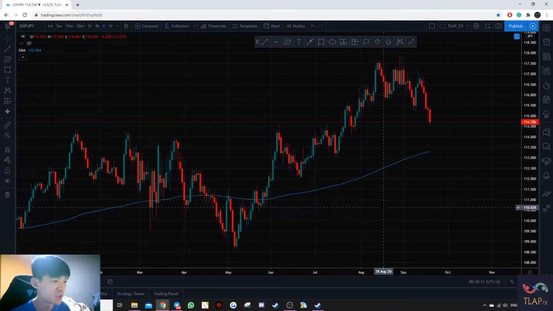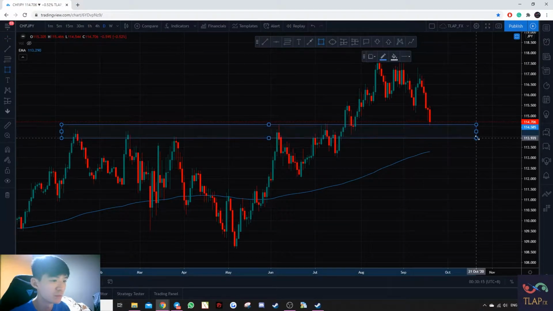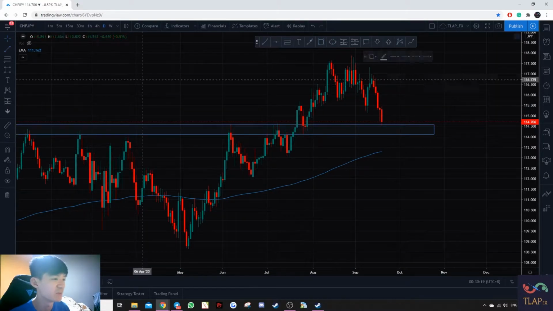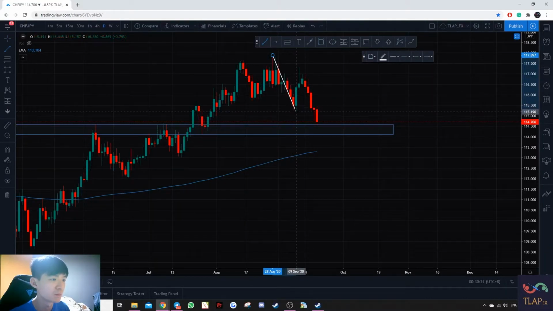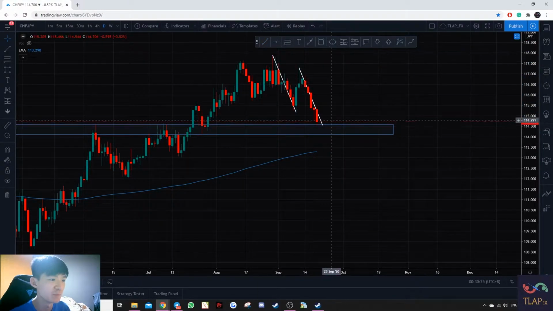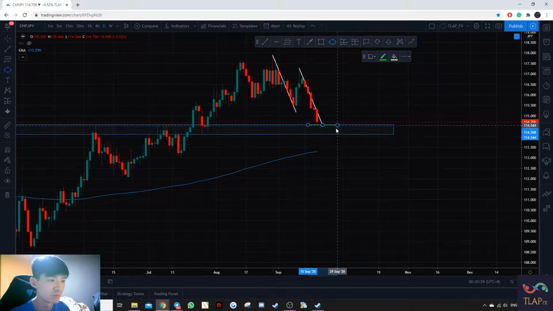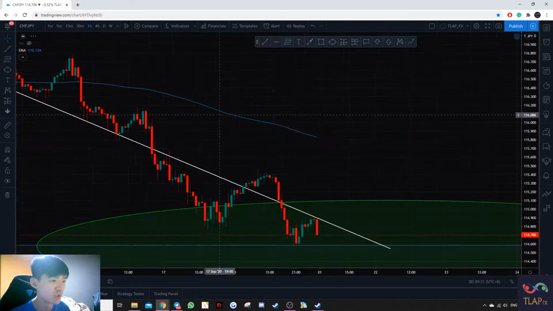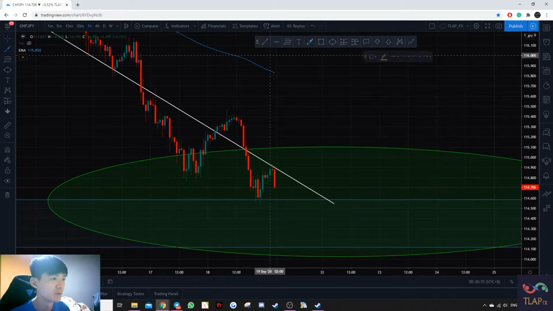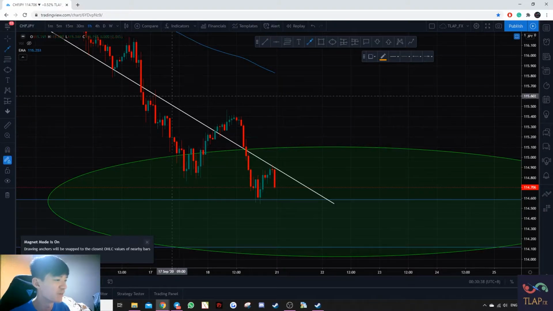Next, we have CHFJPY. Clearly, we have a structure over here where prices are retesting right now. Also, we have an ABCD pattern right here, which has already been completed, and we should look for buying opportunities over here. So dropping down to the lower time frame, we want prices to make a wave like this.